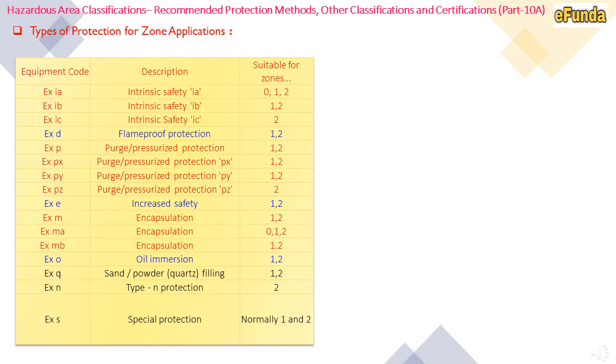Increased safety, that is EXE, applicable for zone 1 and zone 2. Encapsulation, that is M, is applicable for zone 1, zone 2. MA and MB are respectively zone 0, zone 1 and zone 2, and zone 1 and zone 2. EXO, that is oil immersion, is applicable for zone 1 and zone 2. This is how the table is defined.